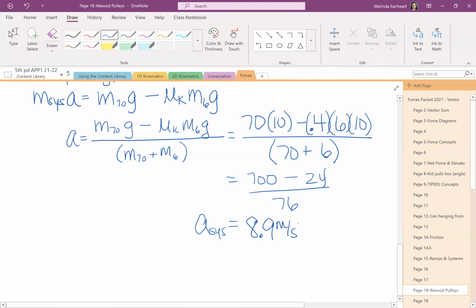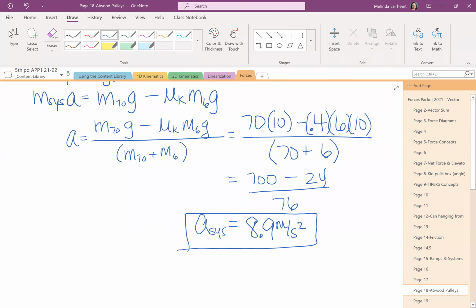8.9. Remember earlier I made a big emphasis about 70 being so much bigger than 3.6, right? We get a huge acceleration. And why am I saying huge? Hopefully you remember the other day I said when you put objects on a string and there's tension and it's a pulley scenario, your check is that your acceleration should be less than 9.8. Now technically that's true, but it's pretty close to 9.8, right?